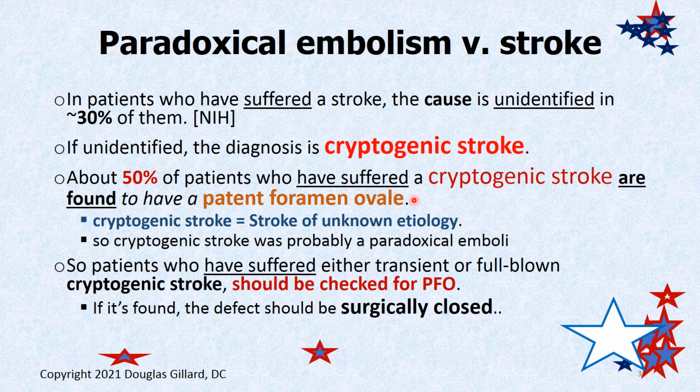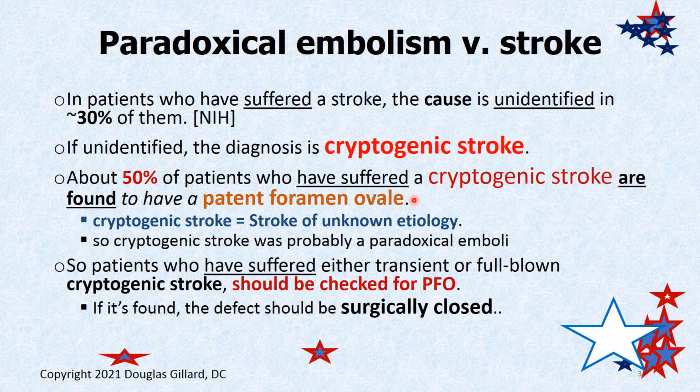And interestingly, if you look at those people who had a cryptogenic stroke, about 50% of them have a patent foramen ovale. And so the research goes further. There are studies that show, because you're worried about having another stroke, that if you go in and repair that PFO, it seems to statistically decrease the chances of having a second stroke.